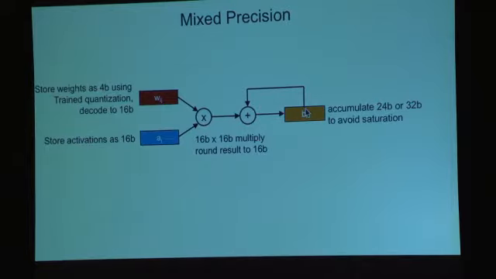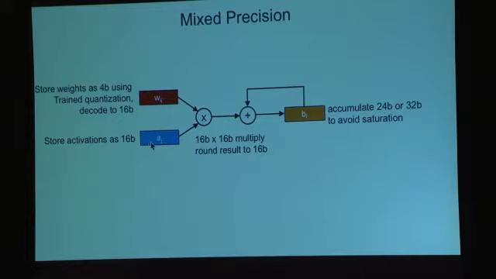What I'm eventually going to converge on, but it's going to take me a while to get there, is that we can actually store our weights as 4-bit quantities using something called trained quantization, which I'm not going to get to until the compression part of this talk, and decode them to 16 bits. What this means is that the expensive fetch of that weight only costs me 4 bits, a factor of 8 savings over a 32-bit weight. But I'm going to expand it up to 16 bits to actually do the computation.